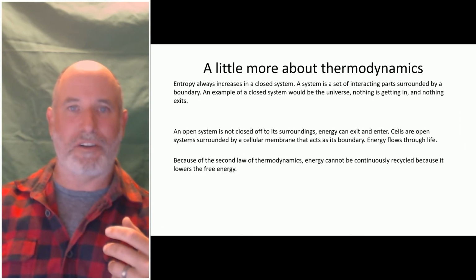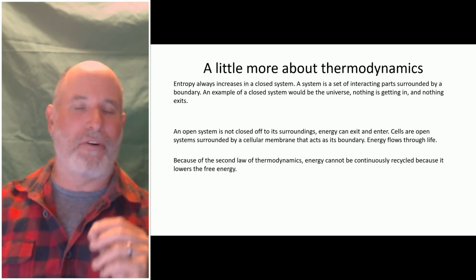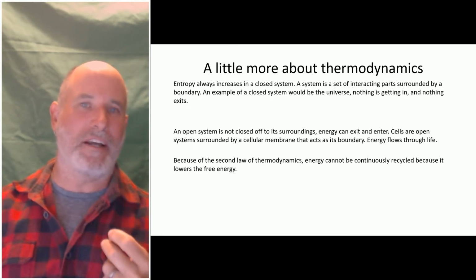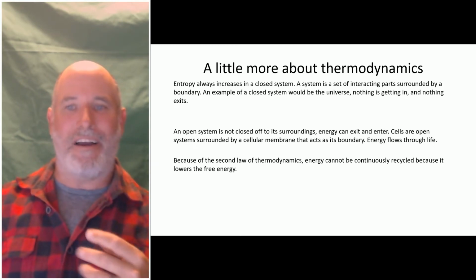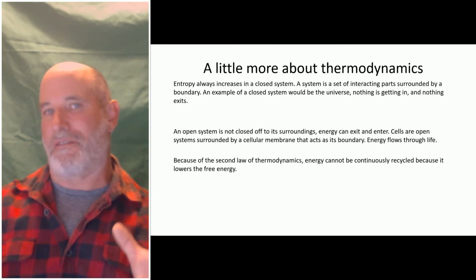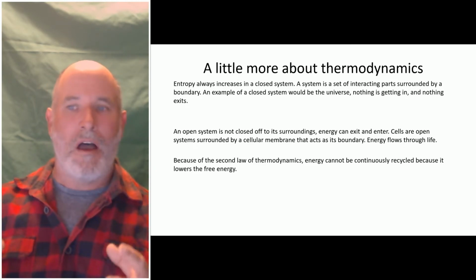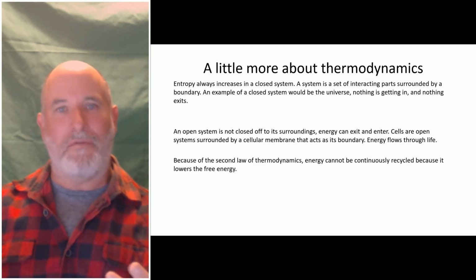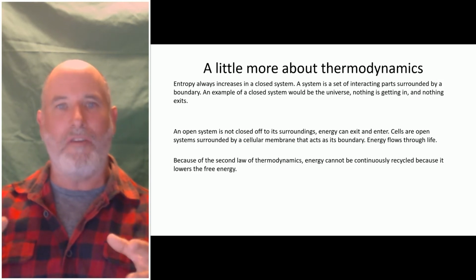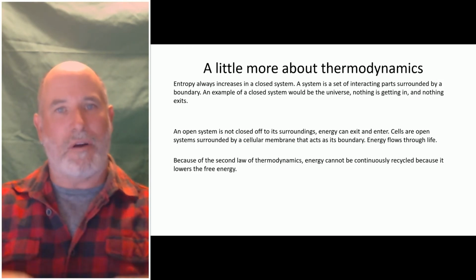Now, let's take a closer look at a little bit more about thermodynamics. I've always found thermodynamics to be really interesting. You've got these closed systems, but let me define what a system is. A system is all these interacting parts surrounded by a boundary.